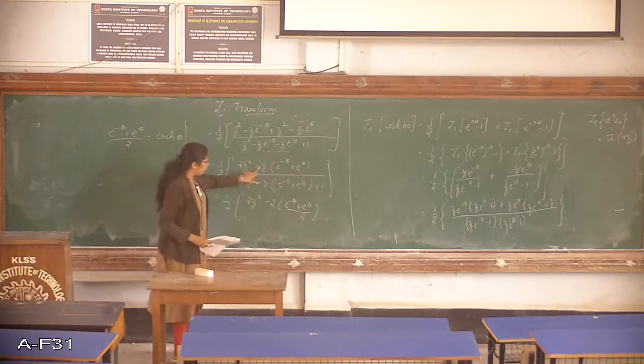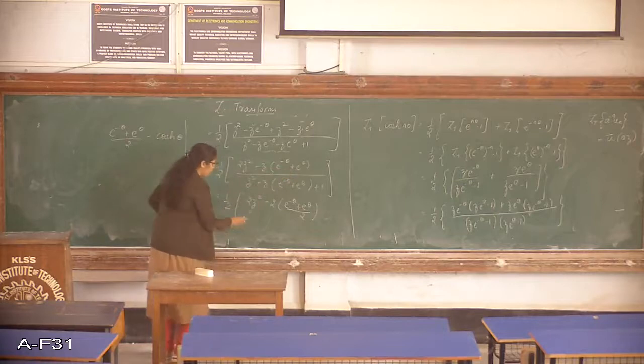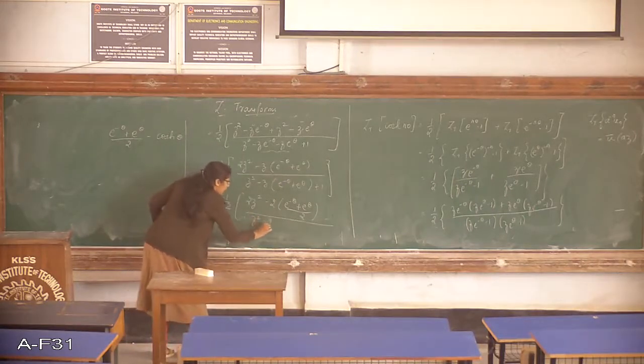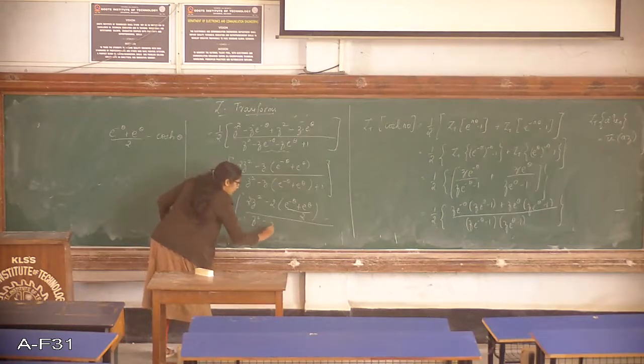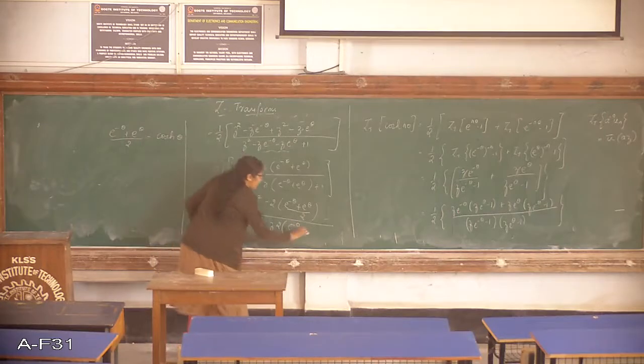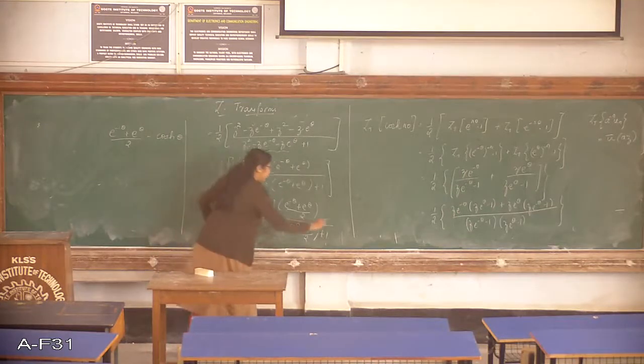You can check on this. Here I have just multiplied by 2 and divided by 2. So this again divided by z square minus 2z into e raised to minus theta plus e raised to theta divided by 2, plus 1.